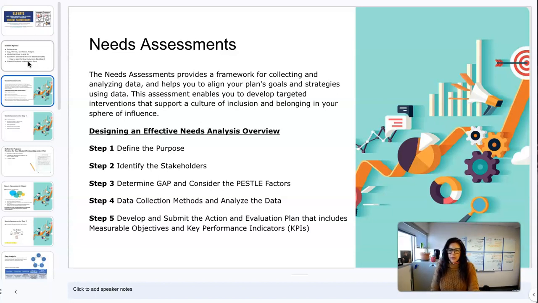We've identified GAP and PESTLE as two things to work on in this particular effort that we're doing, but just know that needs analysis can go very deep. They can go into a lot of different directions in analyzing situations to come up with recommendations based on data. We are focusing on two types of analysis that are common in needs assessments, which are GAP and PESTLE.